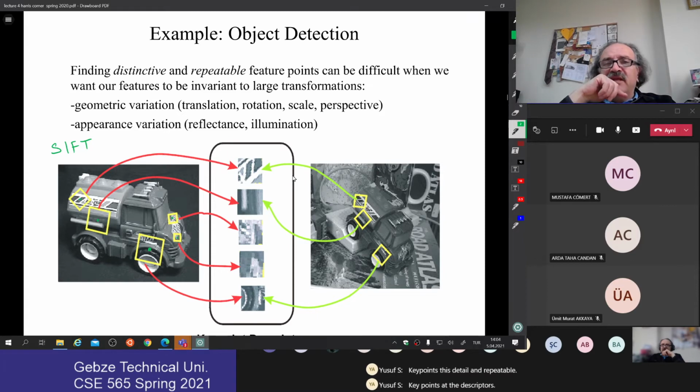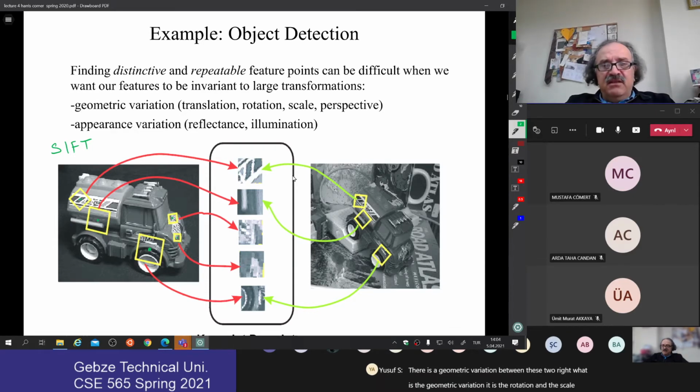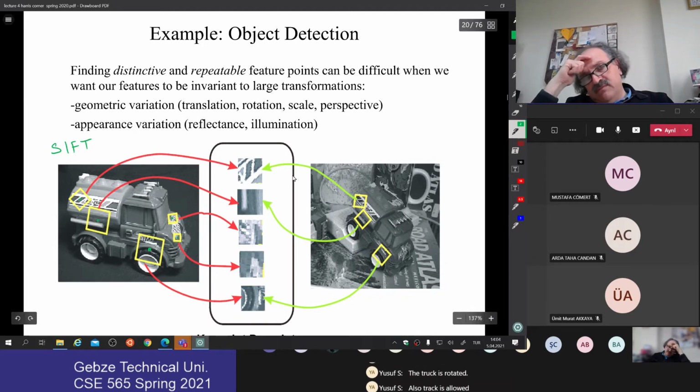They should be invariant to geometric variation. There is a geometric variation between these two, right? What is the geometric variation? It is the rotation and the scale, right? The truck is rotated. Also, the truck is a lot smaller.